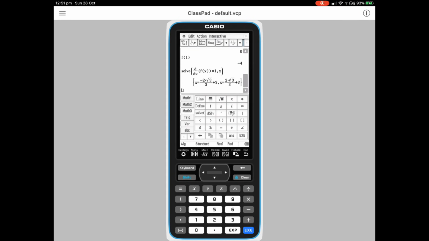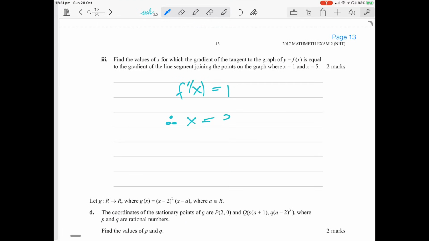Solve. Okay, so 3 minus 2 root 3. So 3 plus or minus 2 root 3 on 3.